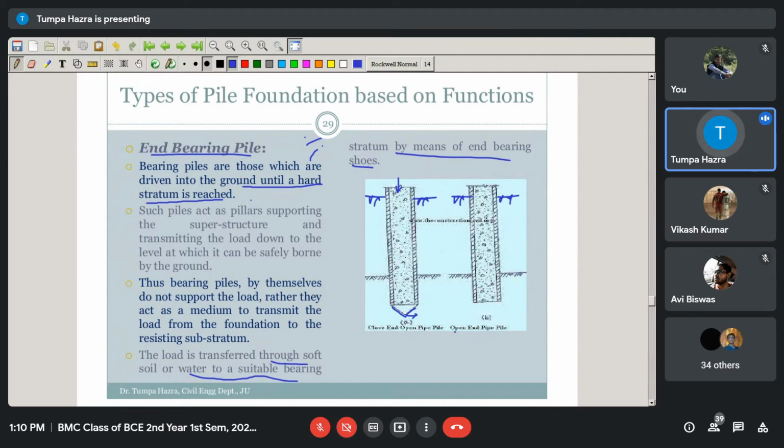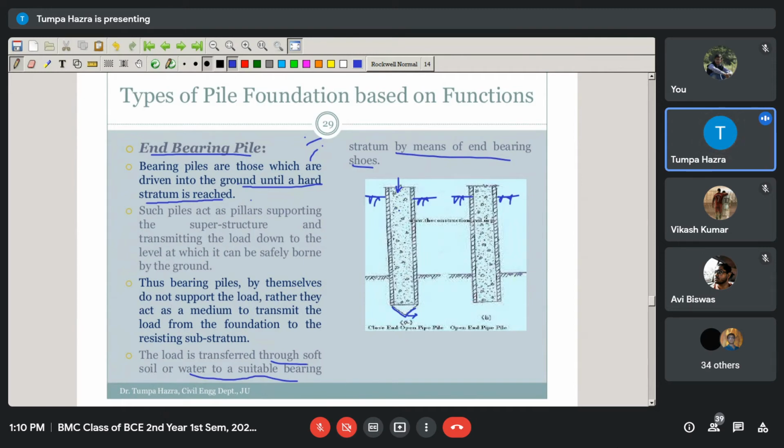Cased means first what happens? These are the driven piles, as I have already told you. You can see these hatched portions. These are the casings. First the casings are driven within the soil up to a height to the soil with large bearing capacity.